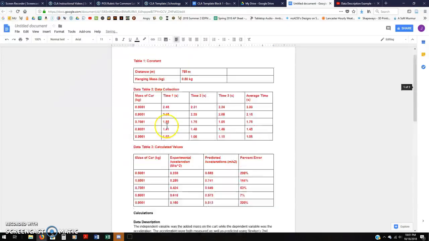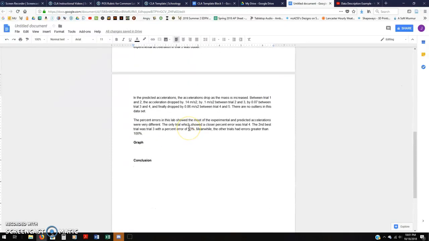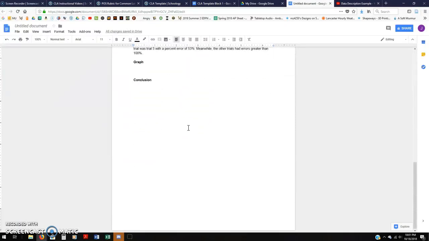So this document here, I don't exactly have a hypothesis, but let's just say our hypothesis was this: if the mass of the cart is increased, then the acceleration, actually let's go back here and change this, and the tension force is kept constant, then the acceleration will increase.